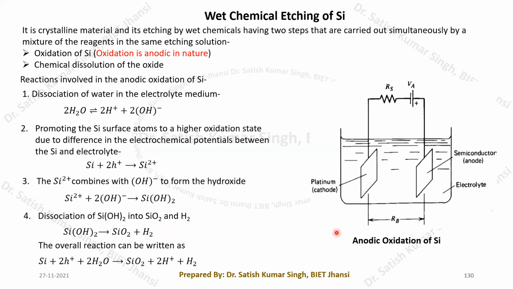Remember that in the case of thermally grown oxidation of silicon, if you recall my previous lecture, I explained that the oxygen goes inside the material and converts the silicon into silicon dioxide.